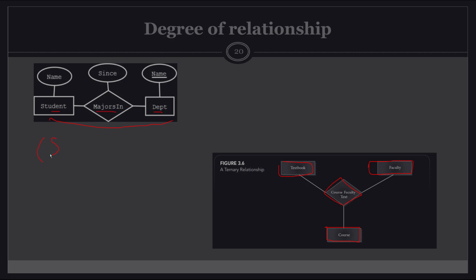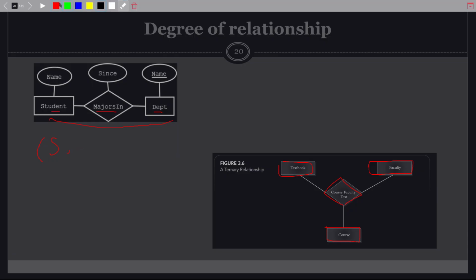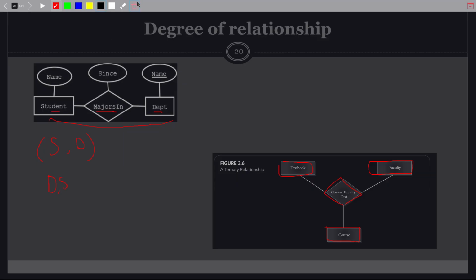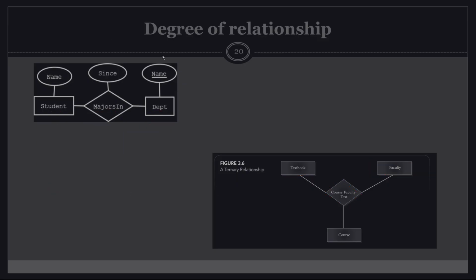So the first part of the relation has to be the student, and the second part of the relation, that's the department, okay? If you switch the order and decide that the department majors in the student, well, that doesn't really make sense, does it? So order matters when it comes to relations.